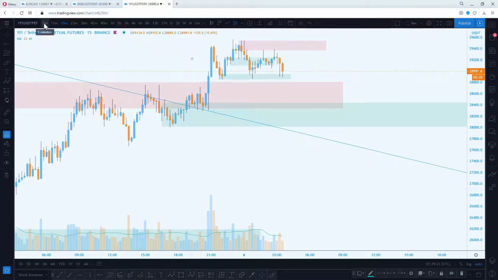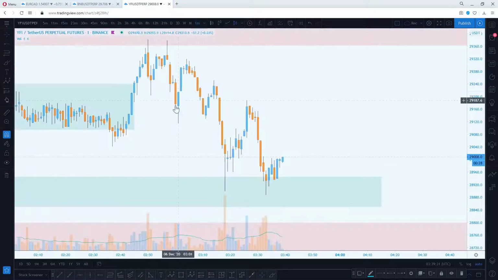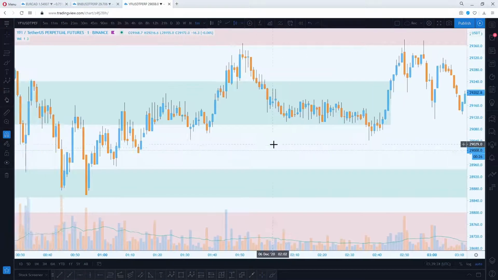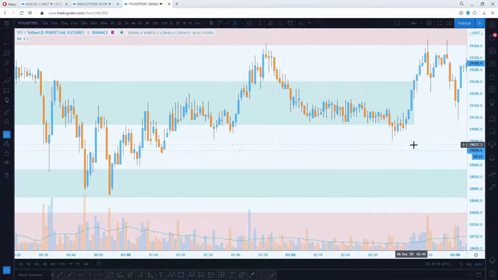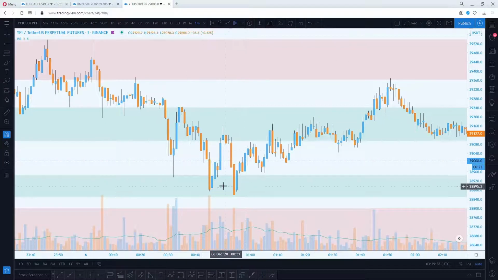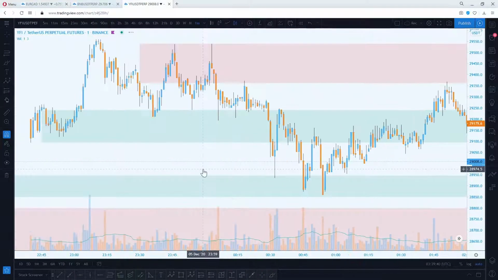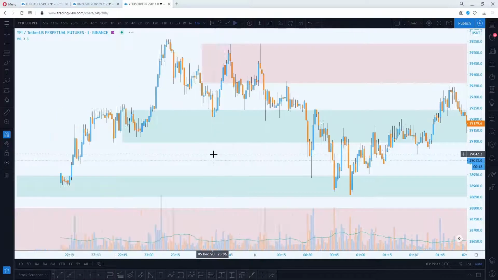You do not want to go to the 5 minutes from the 15 minutes, because it's just a 3 candle setup of 5 minutes that makes up the 15 minutes. So here I will be going into the 1 minute time frame to see what really happened. This is the second test here. So okay, this is the first test here. I don't want this to be too big.